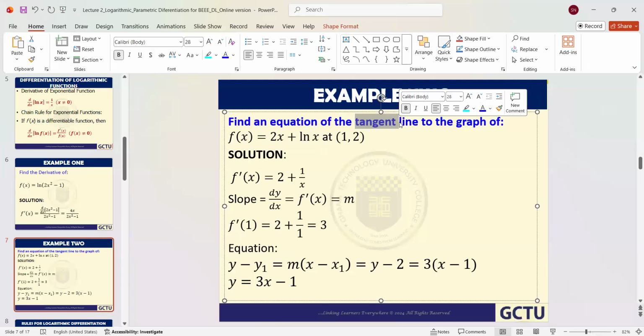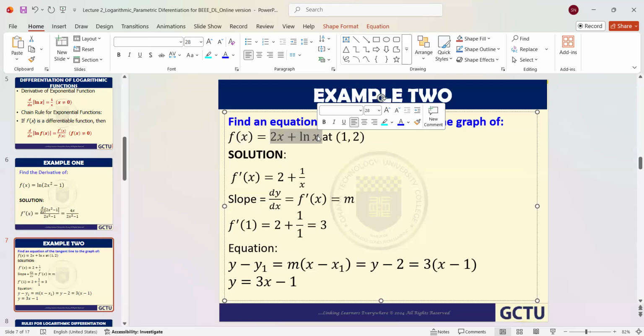When you are given a curve or an equation and you are being asked to find the equation of the tangent, then you are supposed to differentiate the function, and then the value of x at that point will give your tangent. So the next thing you see me do is differentiating this function.